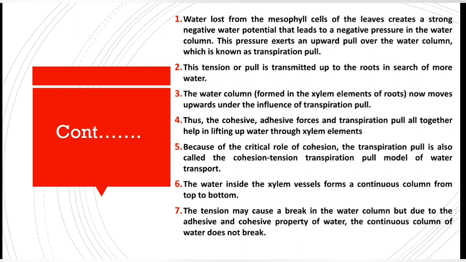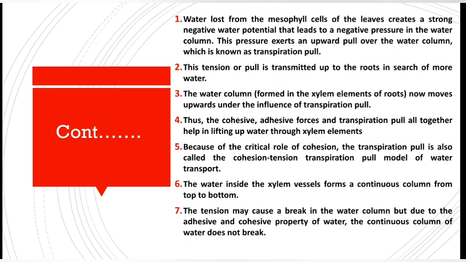Then water is lost from the mesophyll cells of the leaf by the process of transpiration, and it creates a strong negative water potential that leads to a negative pressure in the water column. This pressure exerts an upward pull over the water column, which is known as transpiration pull. The tension or pull is transmitted up to the root in search of more water.